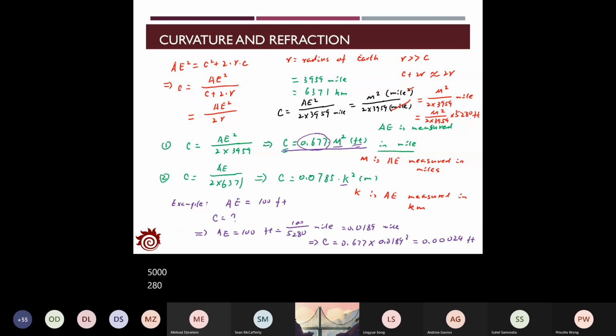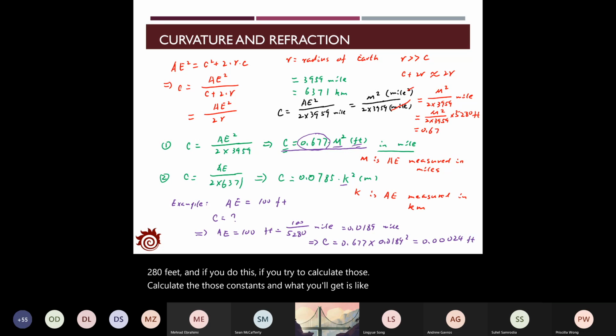If you calculate those constants, you will get 0.0677 times M squared feet. So that's the way for you to get the coefficient 0.677 and the unit of feet.